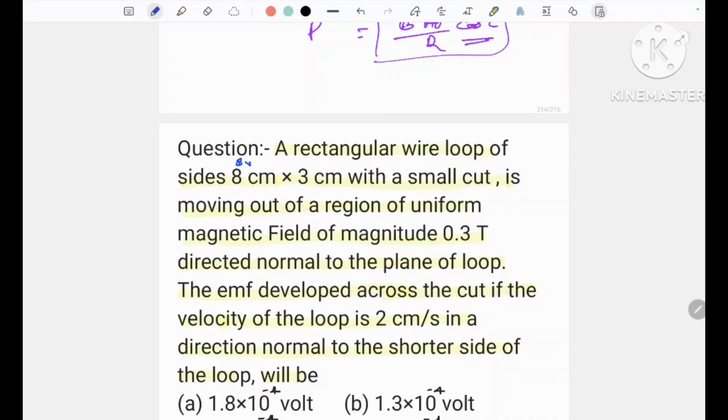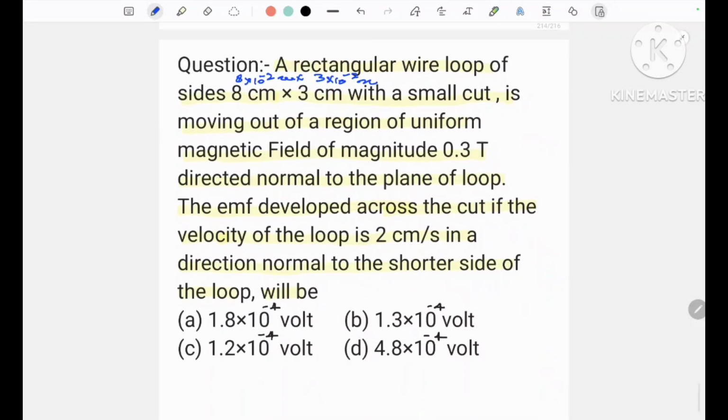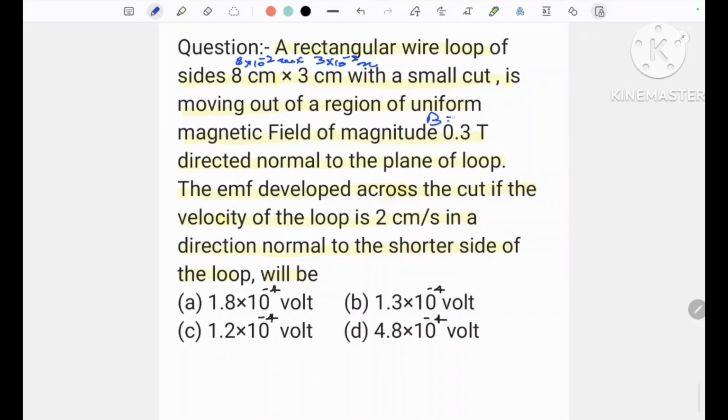Dimensions of the loop are 8 into 10 to the power minus 2 meter into 3 into 10 to the power minus 2 meter. This is B and V is 2 into 10 to the power minus 2 meter per second.